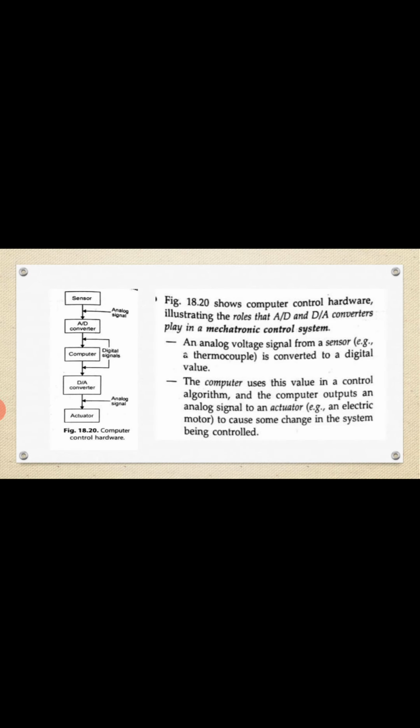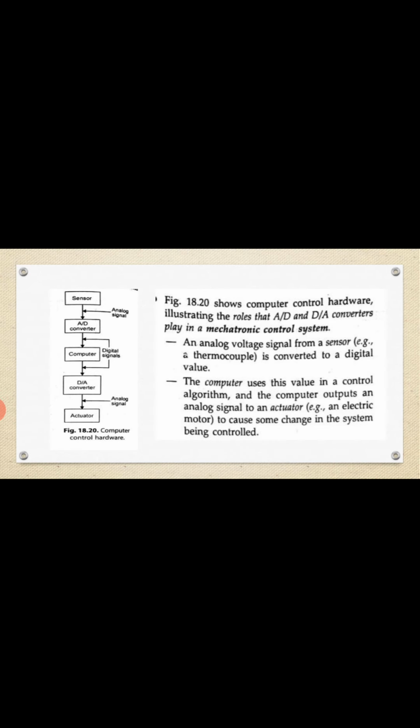This block diagram shows a mechatronic control system using an analog to digital converter and a digital to analog converter. The analog voltage signal from the sensor, for example a thermocouple, is converted to a digital value and fed to the computer.